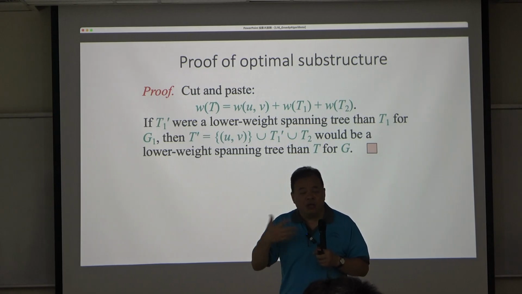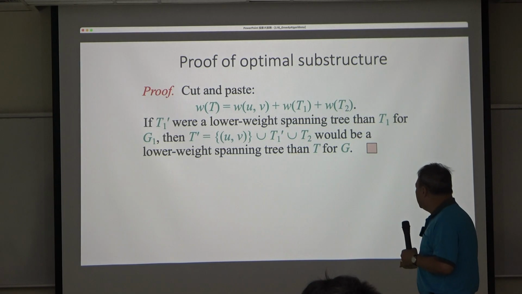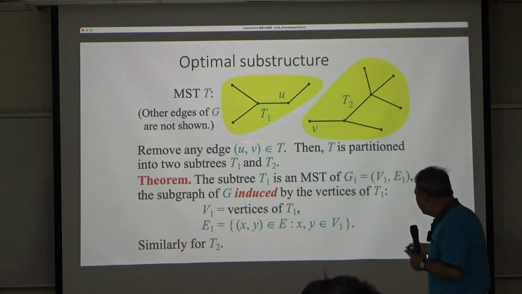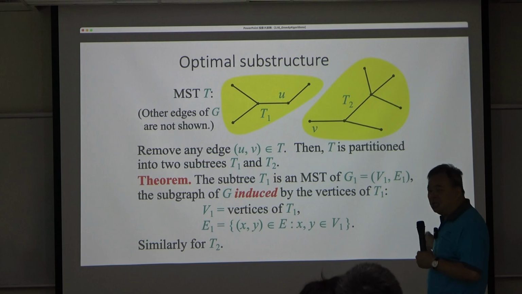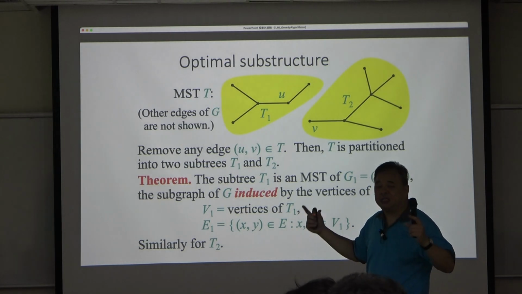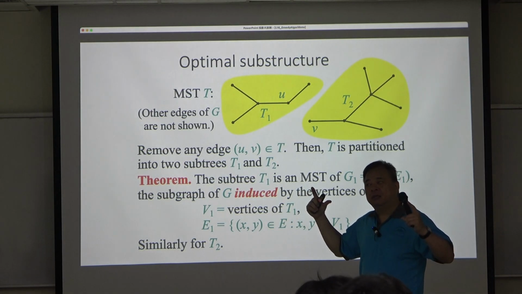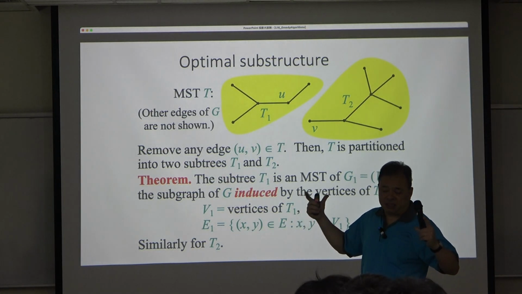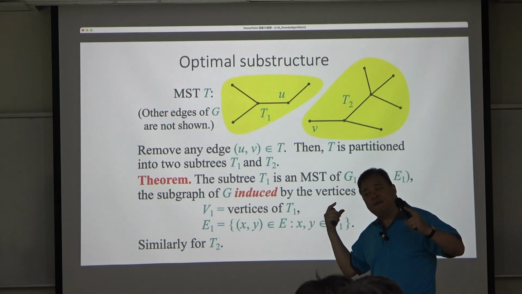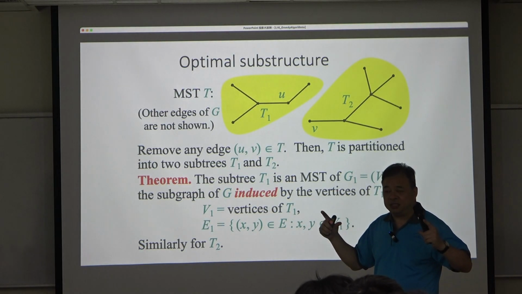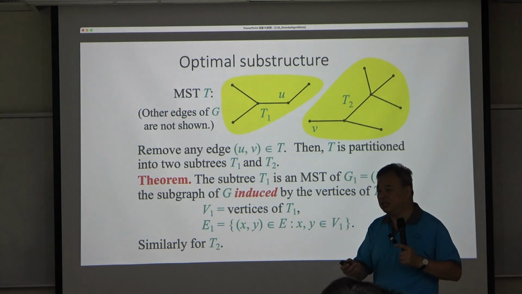Because we claim T is the minimum spanning tree for the graph G, but now you can find another spanning tree with a weight lower than T in the graph G. So we have a contradiction here, right?